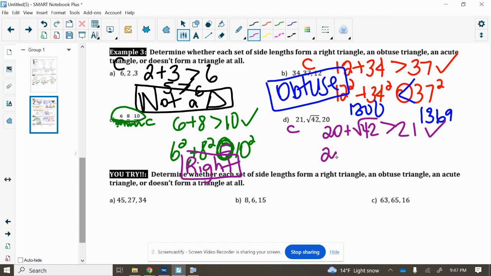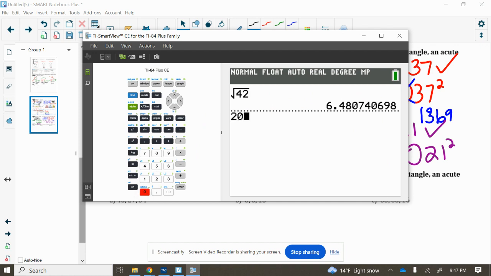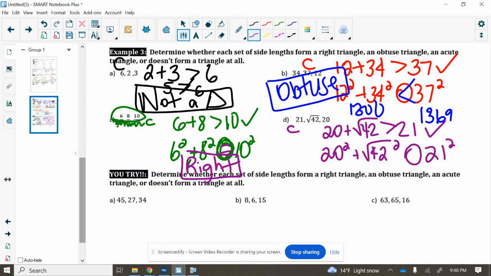And then if we test this out, 20 squared plus the square root of 42 squared, how does that compare to 21 squared? Well, 20 squared plus the square root of 42 squared is 442. 21 squared is 441. So because a squared plus b squared is bigger than our c squared, this time this would be an acute triangle.